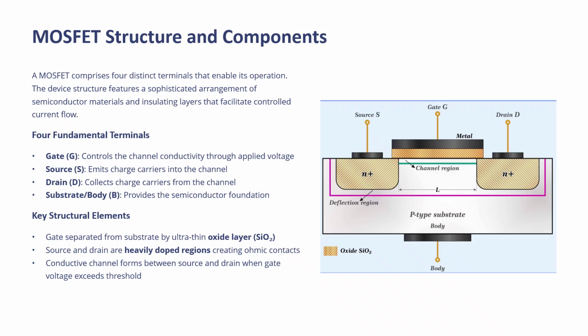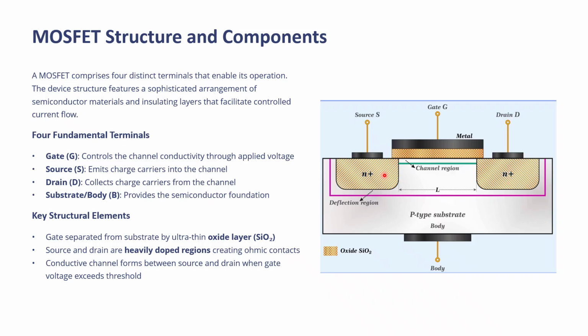So here we can see a clear picture of the MOSFET structure. Firstly, there is the source and here is the drain, which are situated inside the substrate or the body. The source emits charge carriers into the channel, and the drain collects charge carriers from the channel.